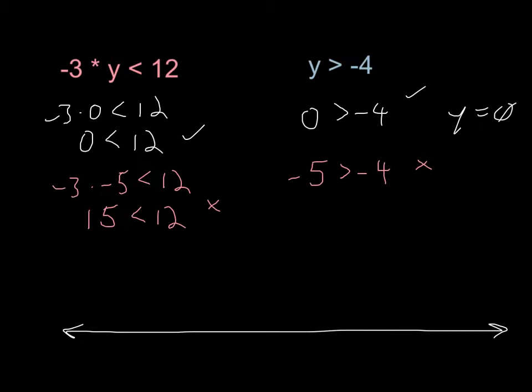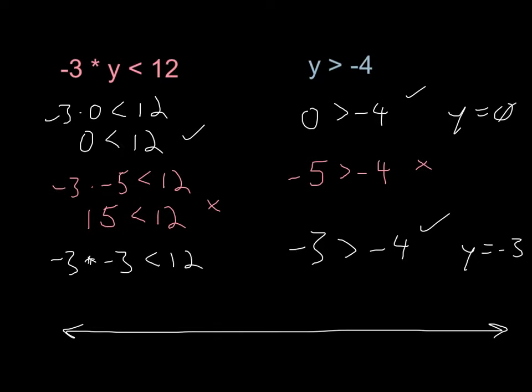Let's try one more. Let's say y equals -3. If y equals -3, on the right-hand side, I'll get -3 is greater than -4. That's true. On the left-hand side, I get -3 times -3 is less than 12.